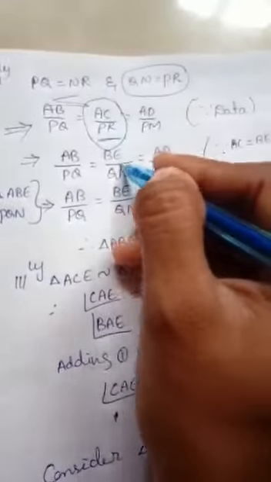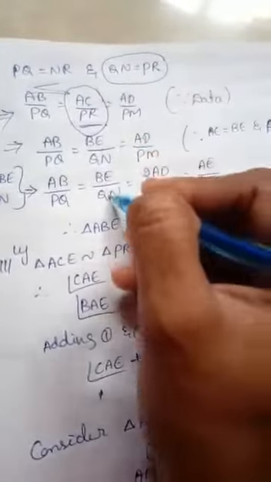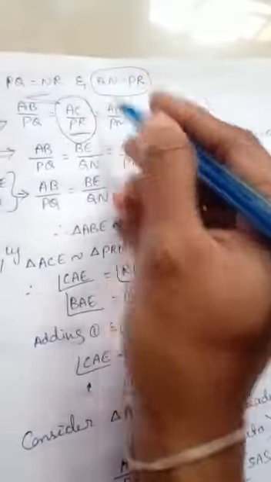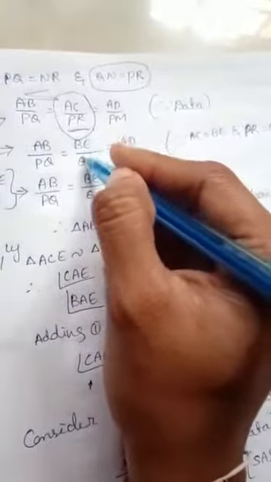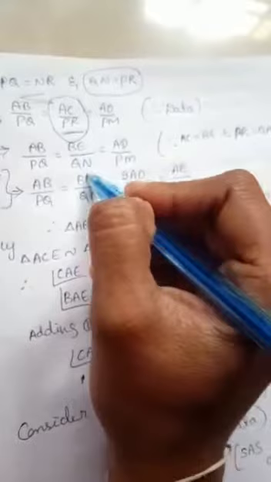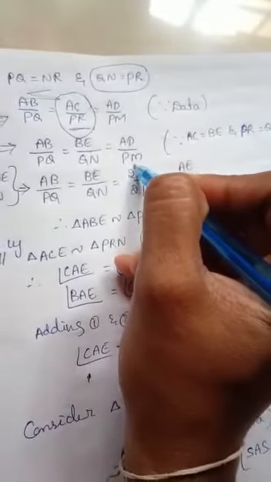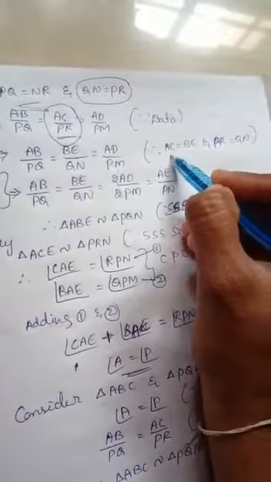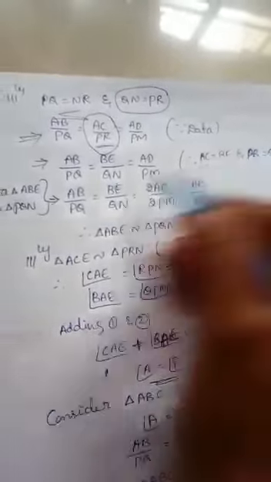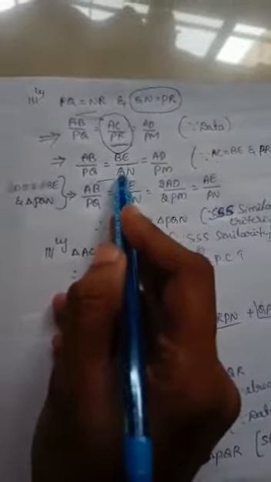Substituting AC is equal to BE and PR is equal to QN, we get AB by PQ, BE by QN is equal to AD by PM, because we substitute the value of AC as BE and the value of PR as QN.